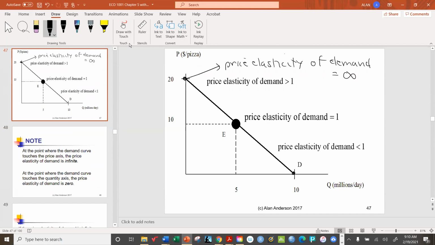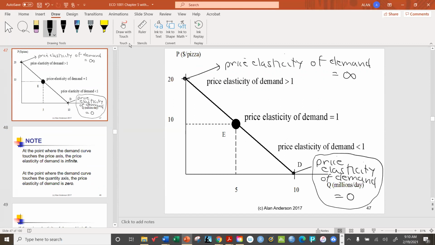And down here at this end, the price elasticity actually equals 0. Those are the extreme cases, of course.